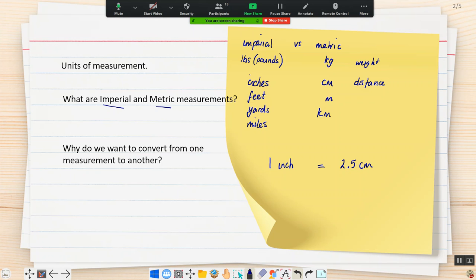Just to remind you guys, because there are other videos out there that you can go back to, we could then write that as our ratio. Remember we've got inches, 1 inch, and centimeters is 2.5. So if I then wanted to say how many centimeters is 10 inches, would anyone be able to tell me?